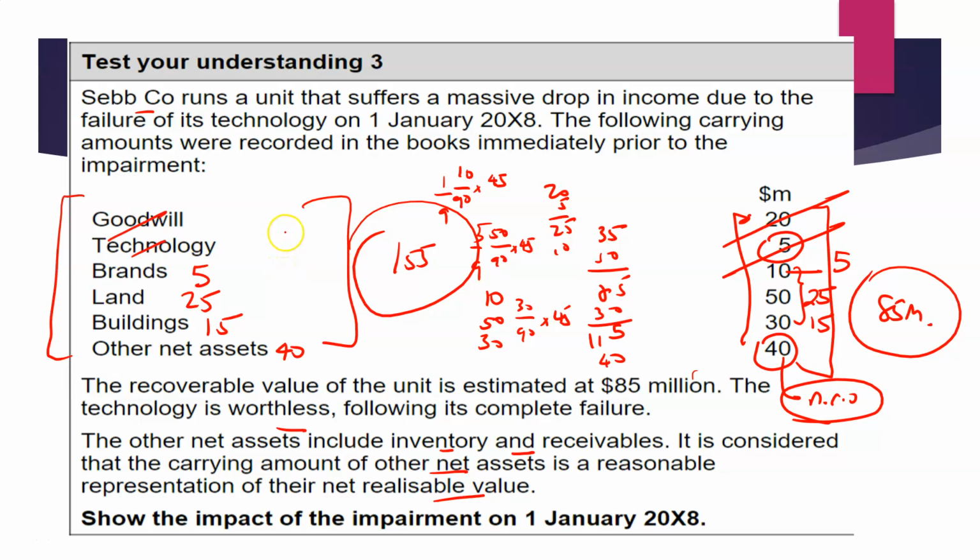Therefore, we deal with the asset that is uniquely bringing us issues, get rid of that, and then split the impairment amongst the more able assets, and leave the assets that are already at net realizable value alone. Cool, great stuff. And that is the end of the chapter.